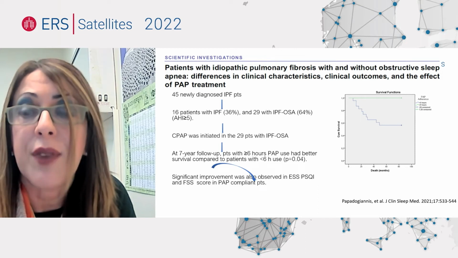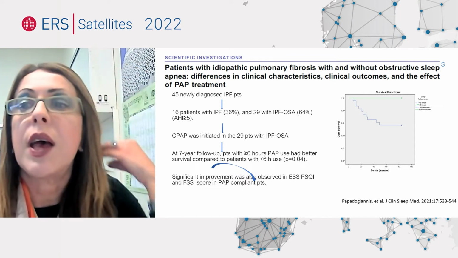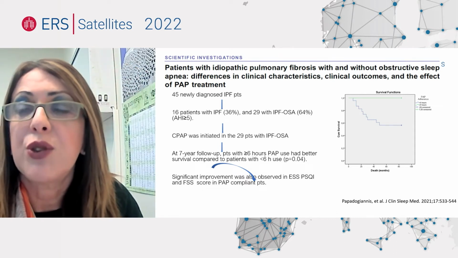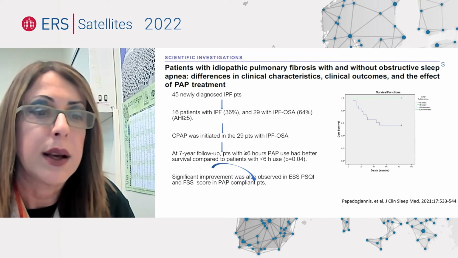And not only better survival, but they also improved the sleep scales, such as fatigue-related scales and sleep quality scales.